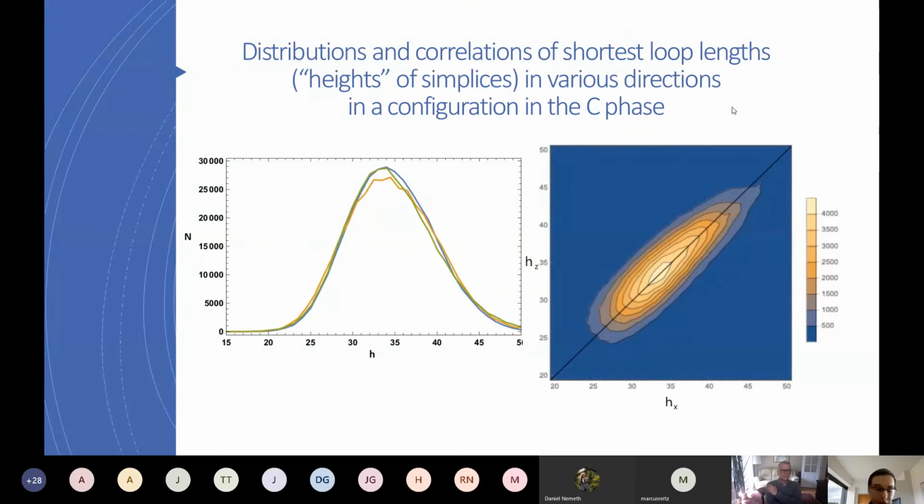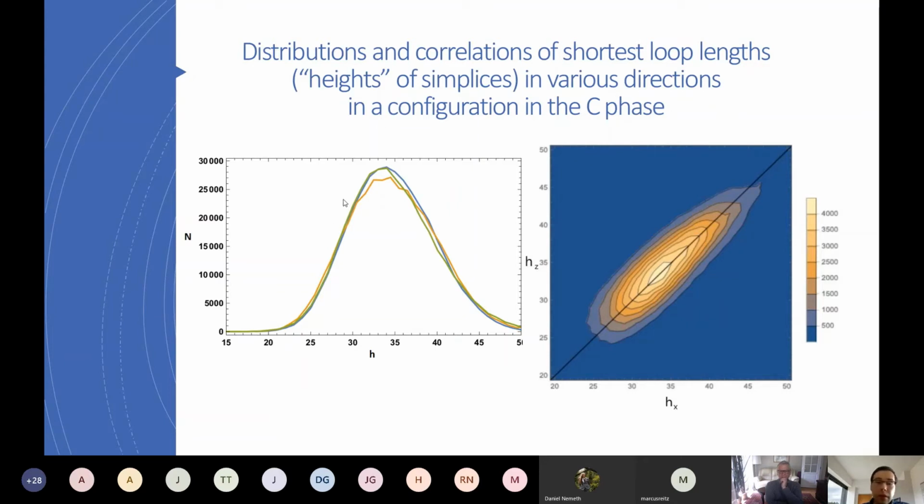Now we can perform these measurements for each simplex in the configuration. The configuration that we analyzed had more than 370,000 simplices, and those shortest loop lengths in a given direction, we can also call them heights of the simplex.